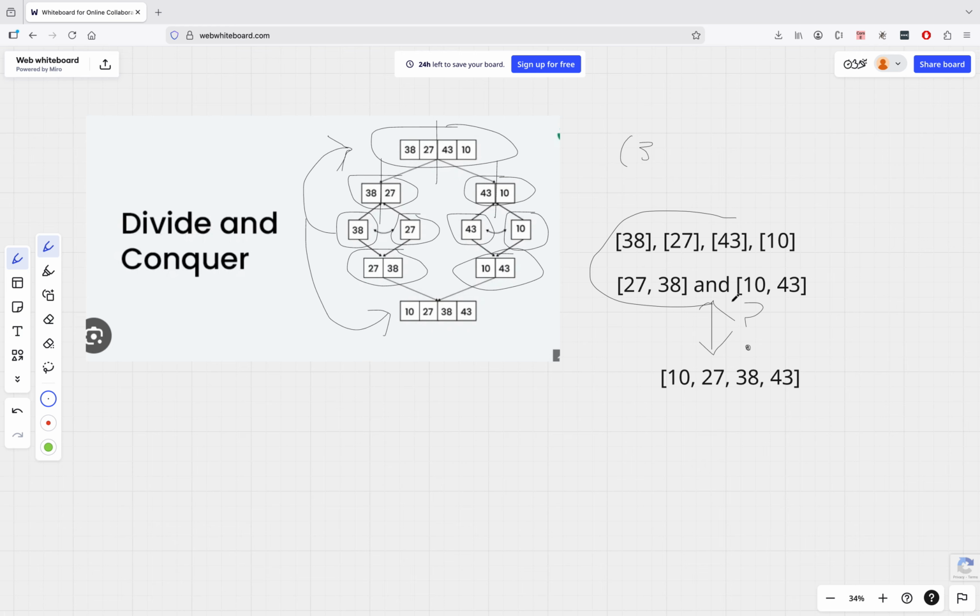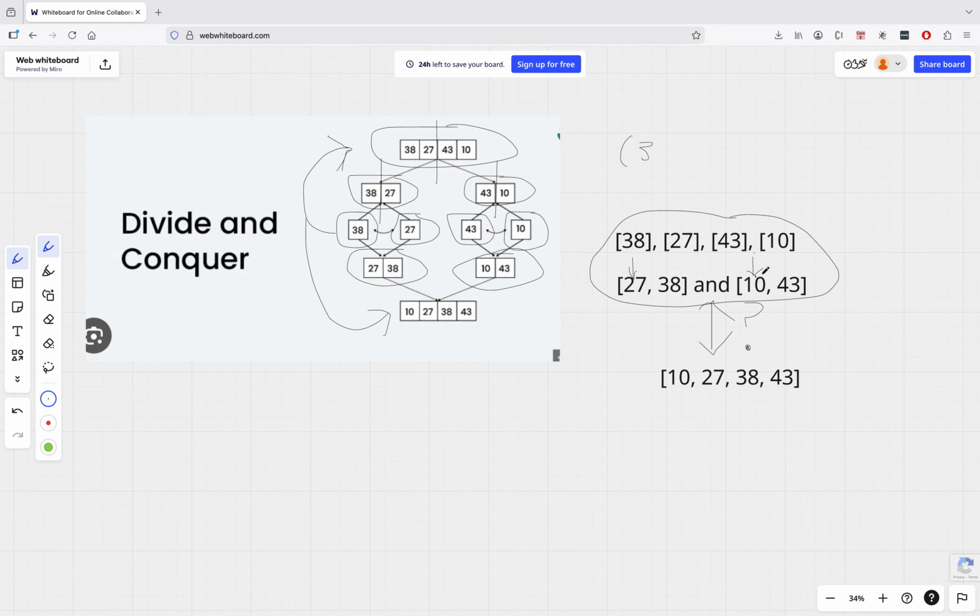For the previous transition, it was a lot simpler because these were subarrays of one element. But here, we can just have a simple pointer. We start at 27, and we start at 10.